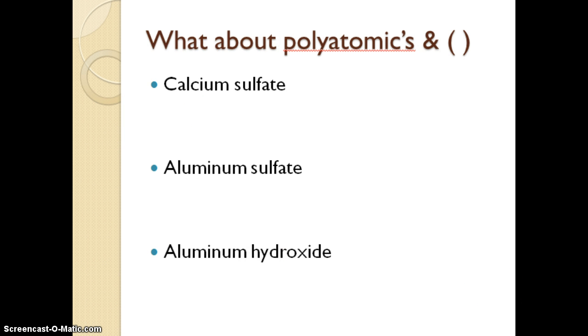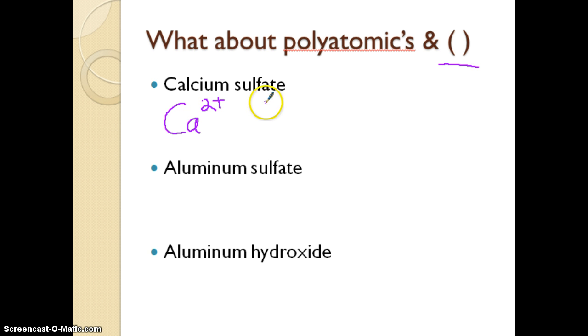All right. So let's talk about ions that are polyatomic, and some of them will need parentheses. Polyatomic means many atoms. So polyatomic ions are the ones with more than one atom attached to make a single ion. Let's take a look at these. Calcium is 2 plus, and that's not a polyatomic ion, that is just the element calcium.